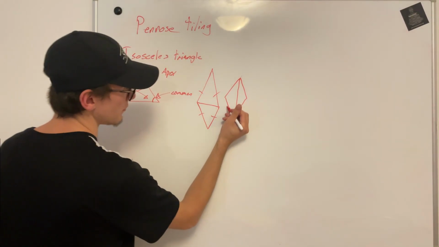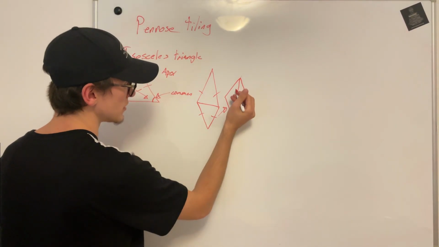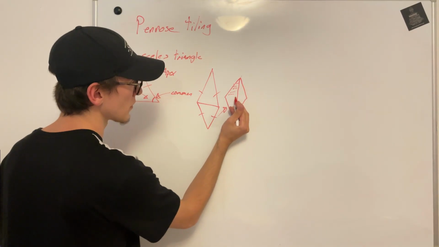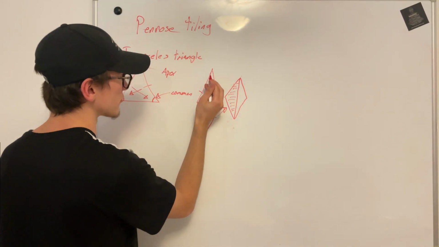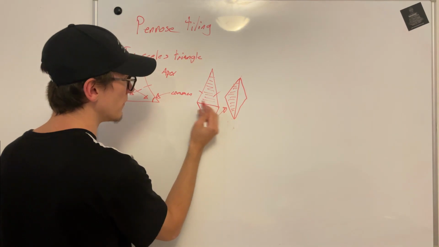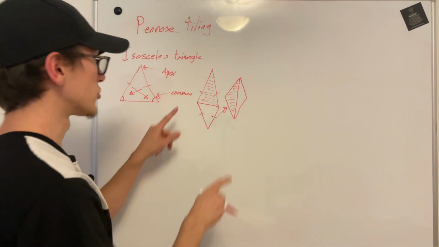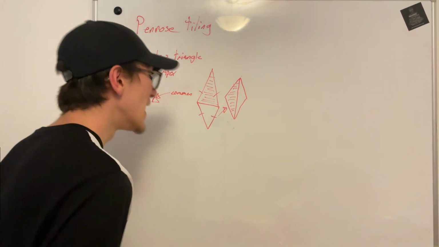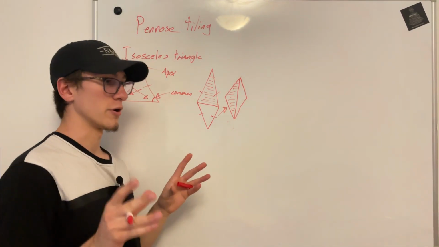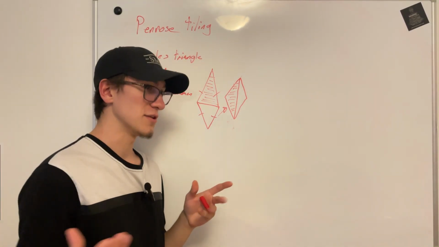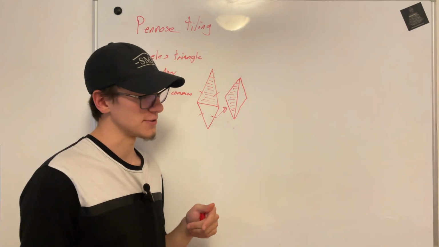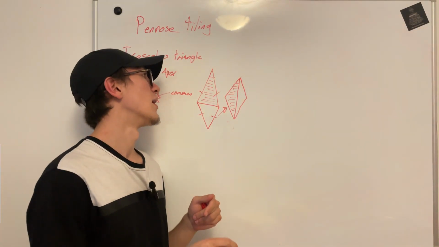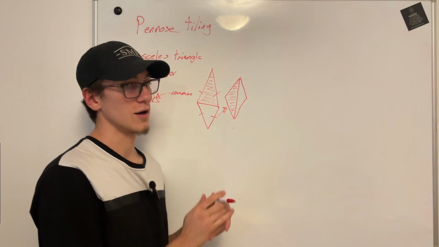So this will be one of the triangles we'll use, this section over here, and for example, this one will be the other triangle we'll use. Those two triangles are the ones we'll use. The really important part, from what I've seen and what I've had issues with, is the common angle.